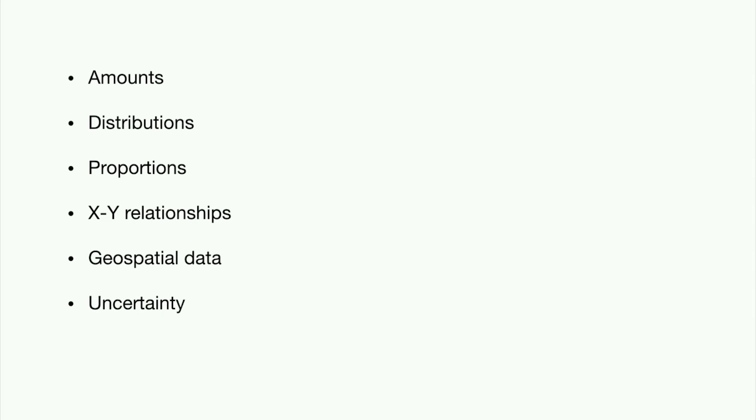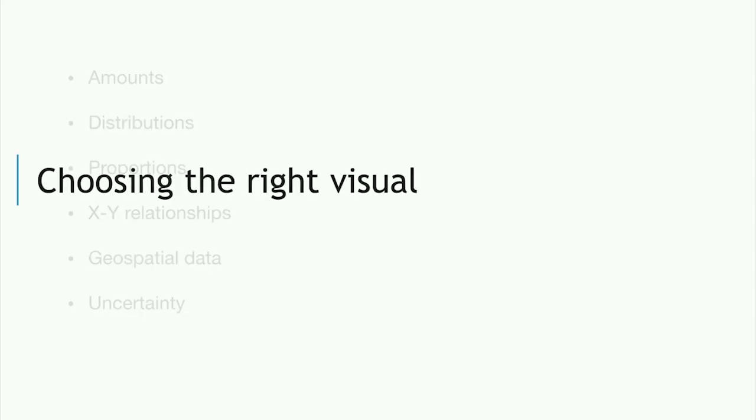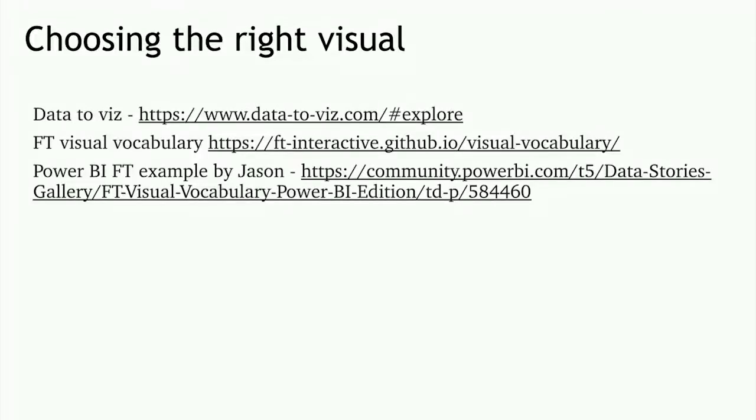These are probably most of the data that we come across every day, and you can use various visuals for each category of this data. I'm not going to go through every single visual and say you should do this one or that one, but I have some really nice resources that you could use when it comes to data visualization.